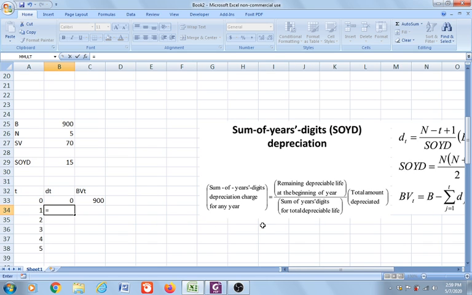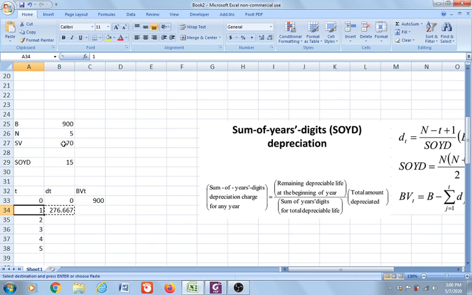So D_t will be (n minus t plus 1) divided by SOYD, times the basis minus the salvage value. We will use the same equation for years 2, 3, 4, and 5.